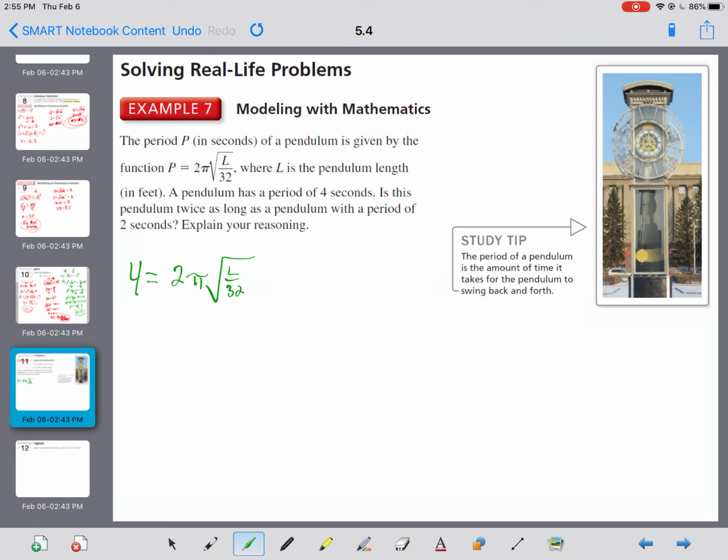So if we have one with 4 seconds, 4 equals 2 pi times the square root of L divided by 32, we need to get L by itself. I'm going to divide by 2 pi. That reduces, so we get 2 divided by pi equals the square root of L divided by 32. And then let's square both sides. And so we get 4 divided by pi squared equals L over 32.